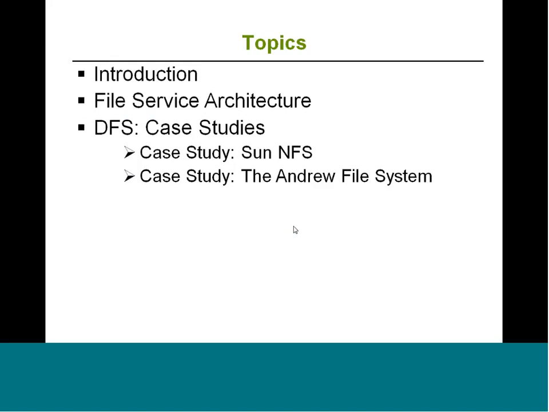And then the second one that we will look at is the Andrew file system, which is also a distributed network file system, which was initially started at CMU, Carnegie Mellon University, as a part of the Andrew project essentially. So we will learn about these two file systems as a part of this distributed file system, and just compare and contrast what is in each of them.